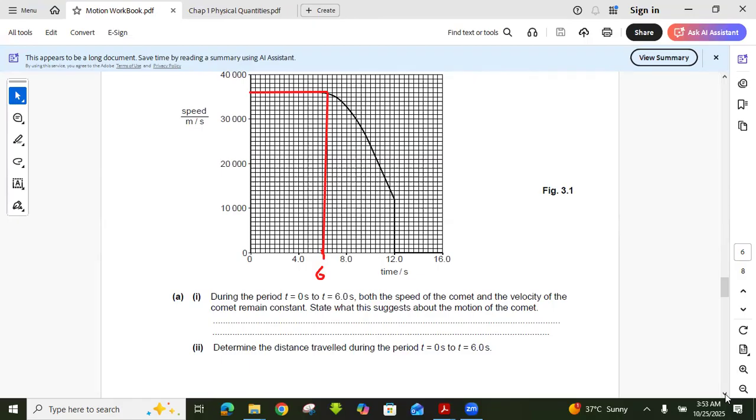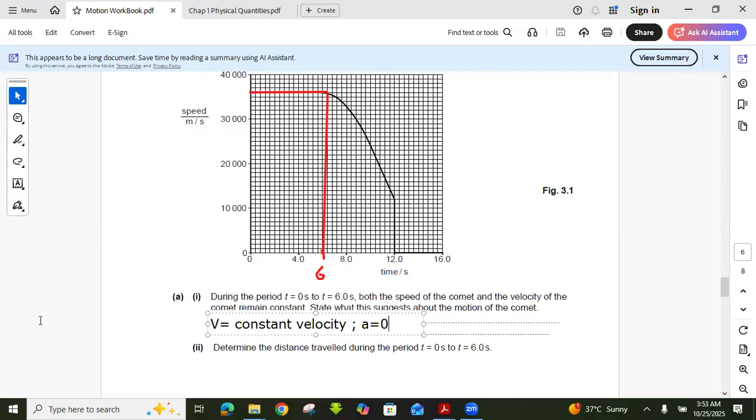If velocity is constant, then at this time our acceleration is equal to 0 because there is no change in the velocity. So you just have to write that at this time speed is constant.